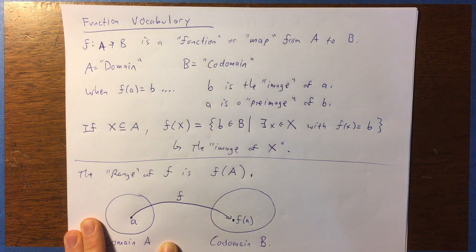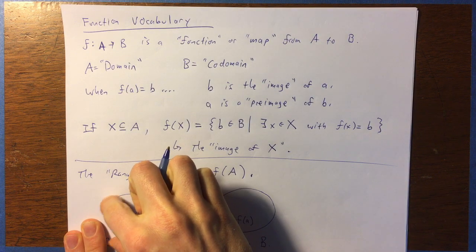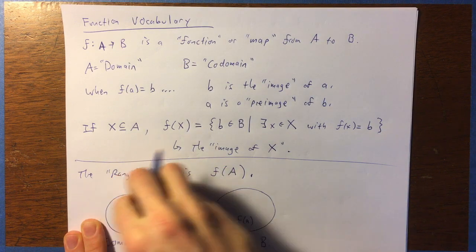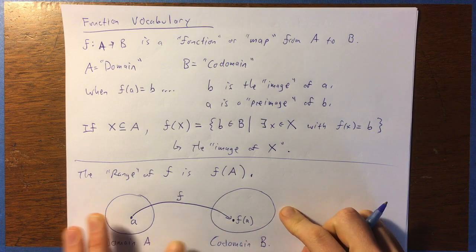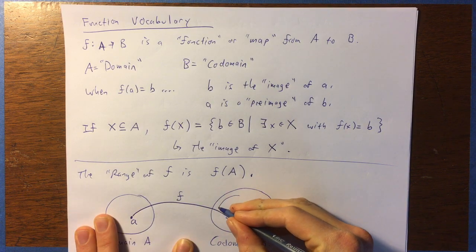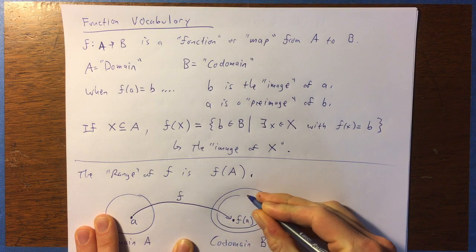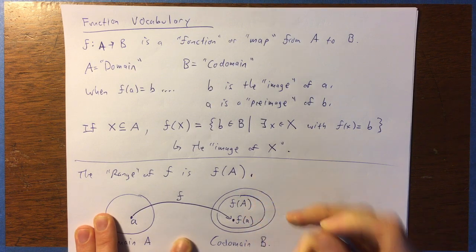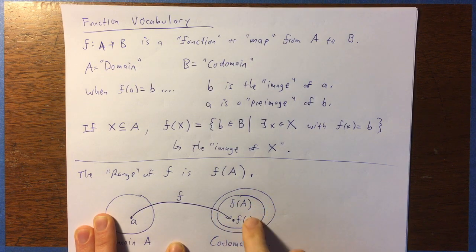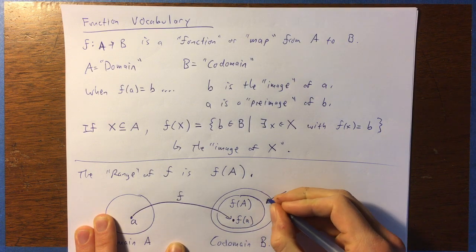Now, if you look at all the things in A, if you stick all of those in the function, they're going to map over here. That's not necessarily going to give you all of the codomain. So inside here, you could have some subset, which is the range, f of capital A. That is the image of the entire domain. That's the range.